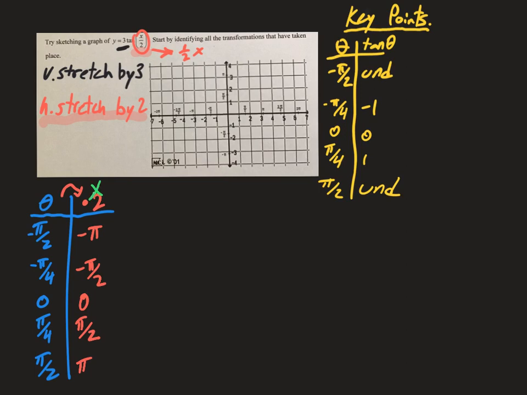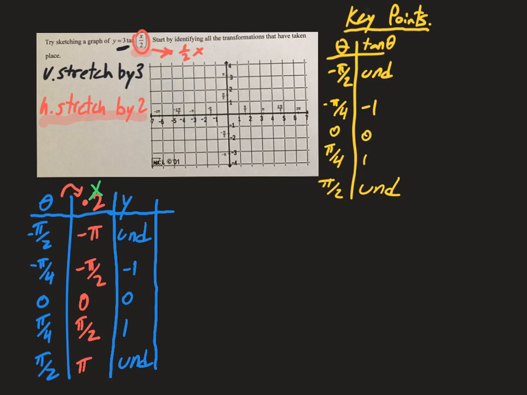Now, once I've locked in my x values, I'm going to go ahead and continue. Let's make the y values. So I've written out the tangents over here. My y values are undefined, -1, 0, 1, and undefined. And let's see what's happening there.